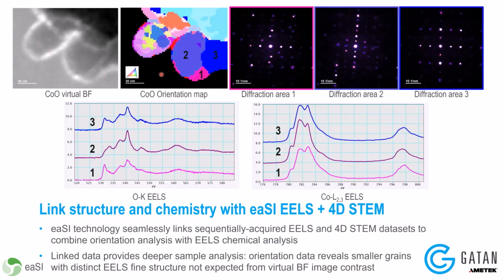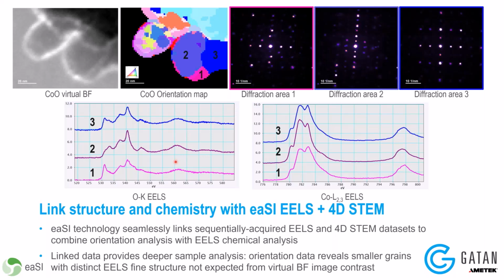But when we did the 4D STEM data acquisition along with the EELS data, we first looked at the 4D STEM data and did the orientation mapping and found that there were a couple of different grains in the orientation map that were popping up here that we didn't quite see just through the virtual bright field image of these cobalt oxide particles. And so in these regions here, we saw three very distinct different diffraction patterns there.